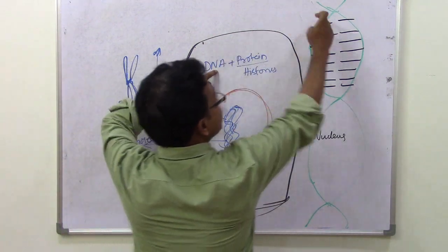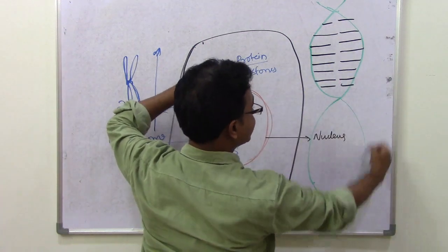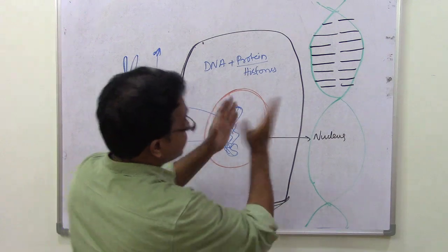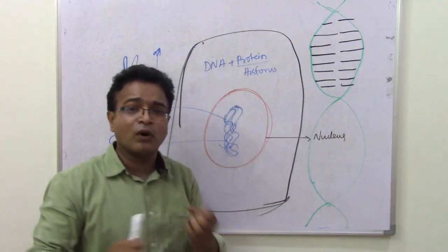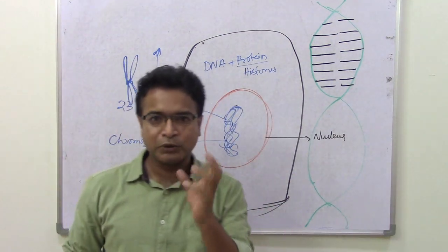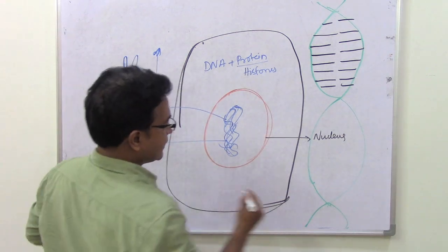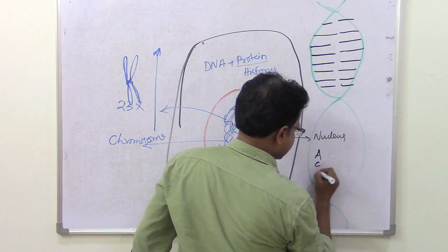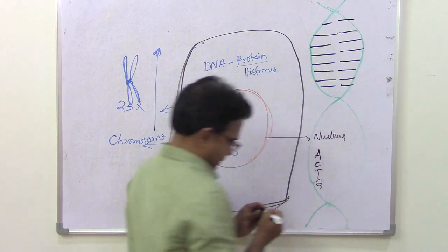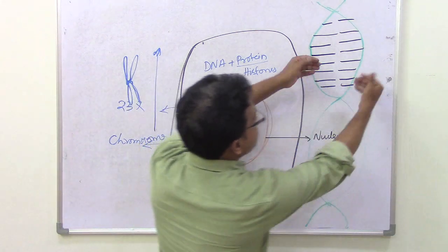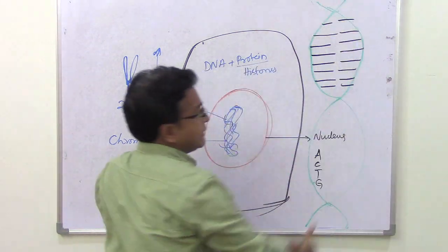DNA structure is double helical, like a twisted ladder. This DNA is made up of a ribose sugar, that is pentose, a phosphate, and base pairs called ACTG. These base pairs form the DNA.